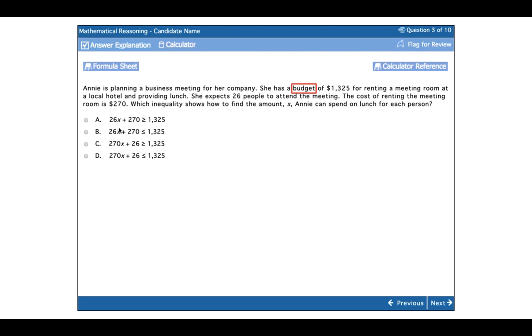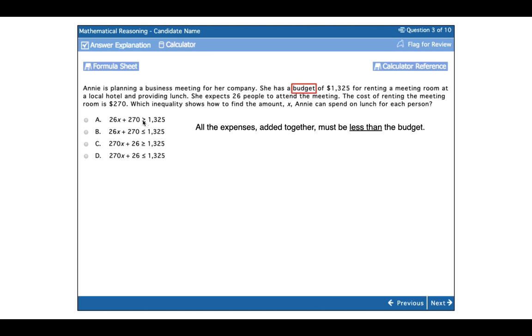So what I'm looking at here is a bunch of stuff, all my expenses added together, is either going to be greater than, see the greater than symbol, or it's going to be less than 1,325, my budget. And if it can't be bigger than the budget, right? So all the expenses together must be less than the budget.